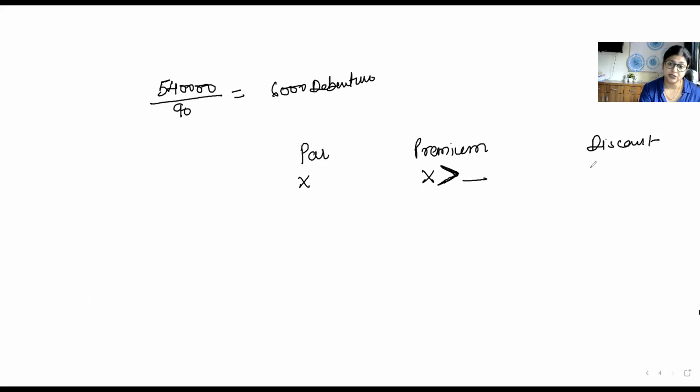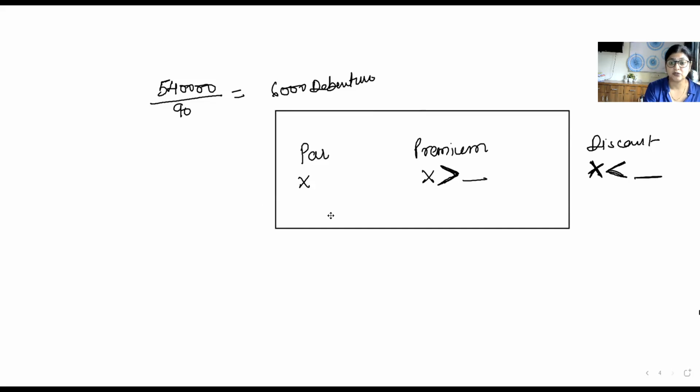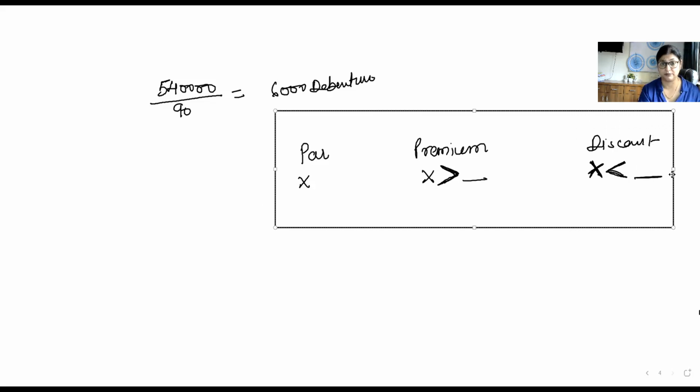And whenever you are issuing the debentures at discount, the number is going to be greater than X, because you are issuing the debentures at a lesser price. So always remember that you will get a higher number of debentures when you are issuing at discount, and a lower number of debentures when you are issuing at premium.